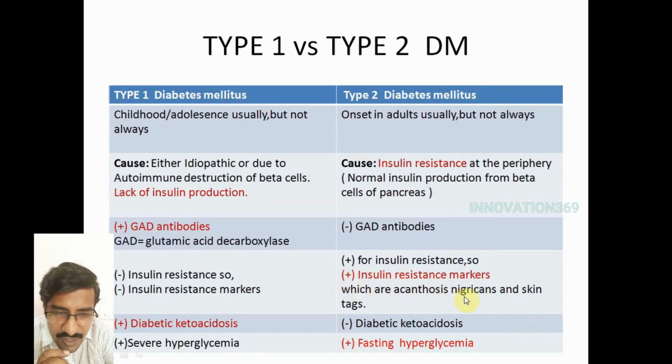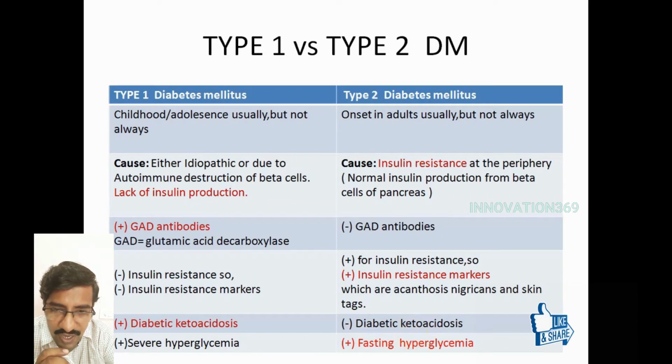Another difference in type 1 versus type 2: in type 1 we see diabetic ketoacidosis. So you can see ketone bodies in the urine and all. But in type 2, usually we don't see diabetic ketoacidosis. And as everyone knows, diabetic ketoacidosis is life threatening.